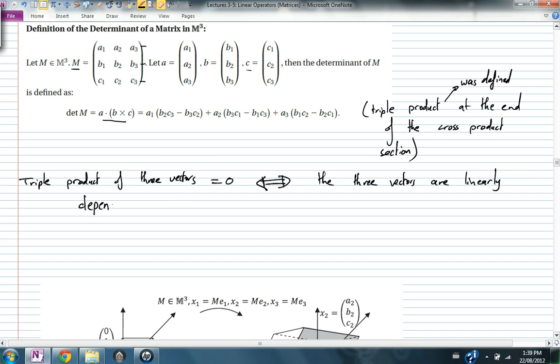They are multiples of each other, which is also equivalent to, if you go back to the previous section on matrices, the matrix not being invertible. I can't find its inverse.